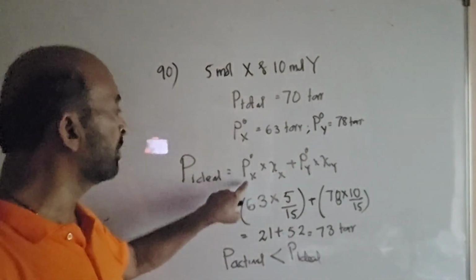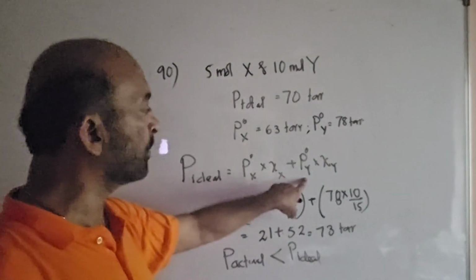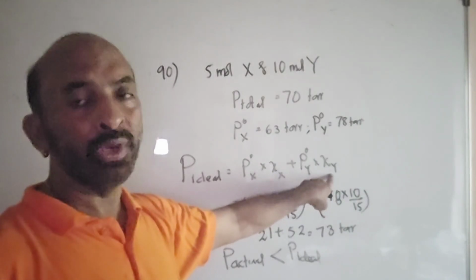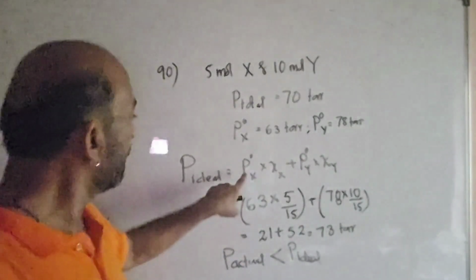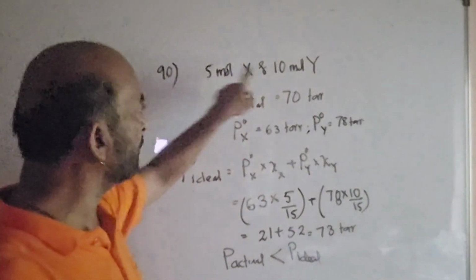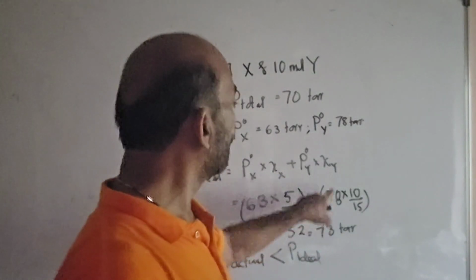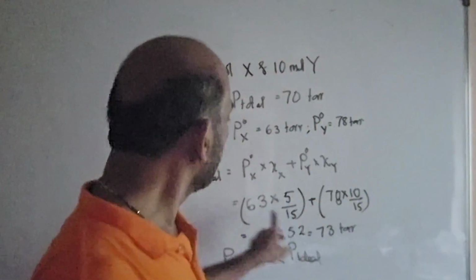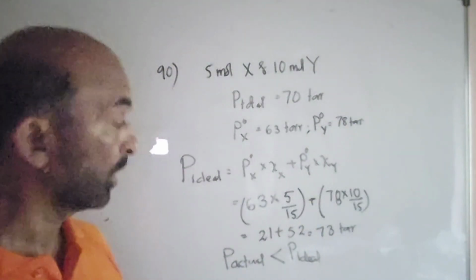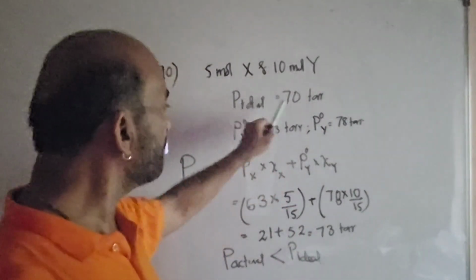P ideal is equal to P0X into mole fraction of X plus P0Y into mole fraction of Y. We can calculate that because all the data required is given. P0X is 63 and the mole fraction of X is 5 divided by 5 plus 10, 5 by 15, plus P0Y 78 into mole fraction of Y, 10 by 15. Easy to calculate: 21 plus 52, 73 torr. So the ideal pressure is 73, but the actual pressure is 70.